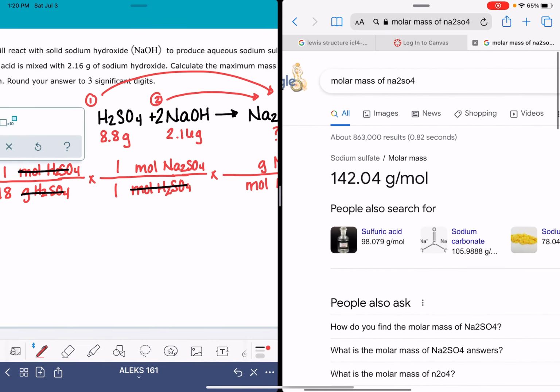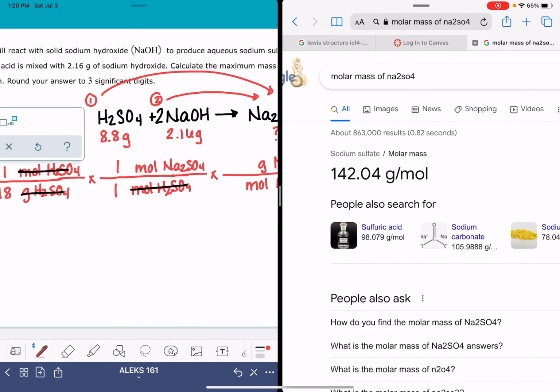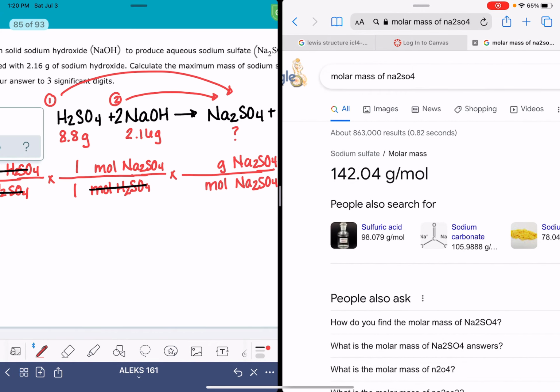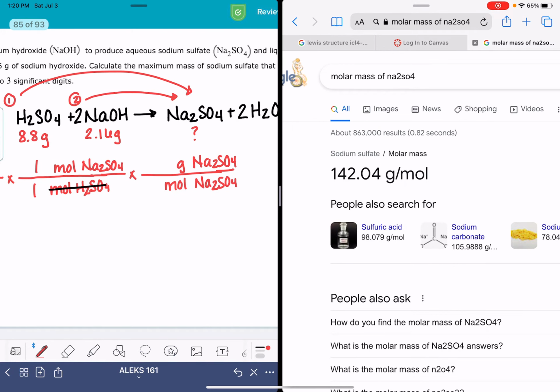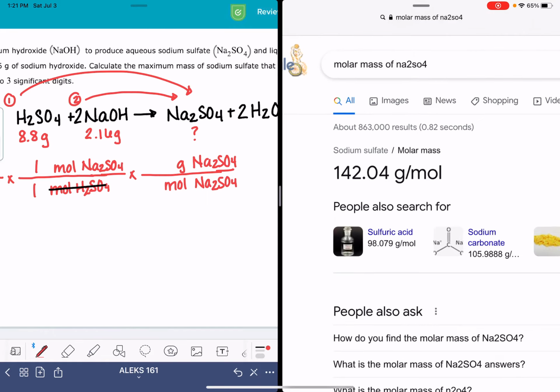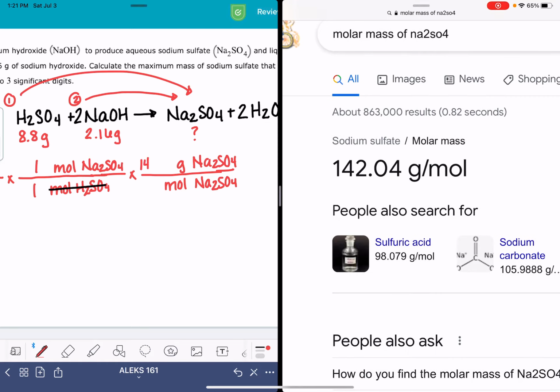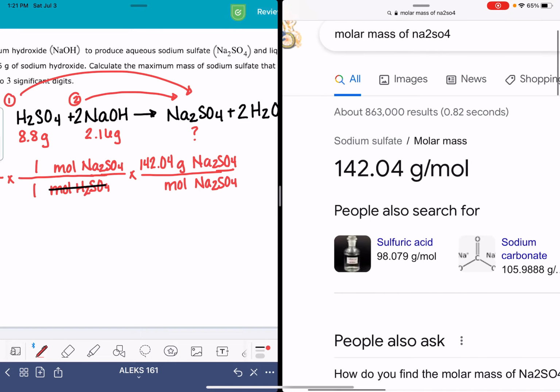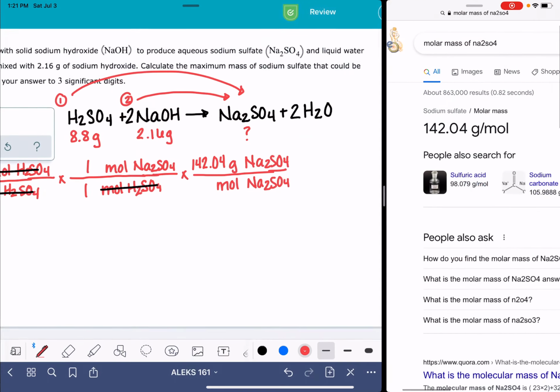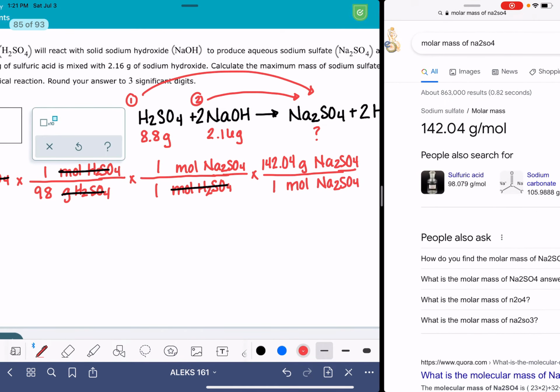You should always double check, when you're using the internet for things like this, that it did not autocorrect or search the wrong molecule. The molar mass of sodium sulfate, Na2SO4, is 142.04 grams. So this is going to have all those sig figs that ALEKS wants it to have. And that's a really huge time saver, especially when you're working on a tedious problem like this. So that is the mass of 1 mole, and we can cancel those units out like that.